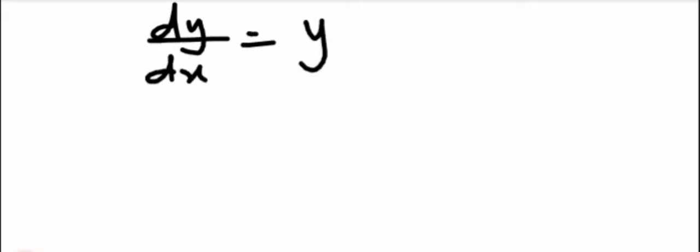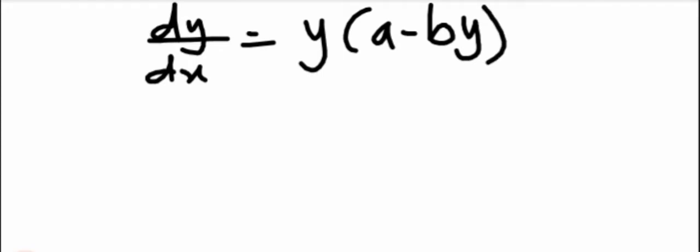Okay, so let's start. We have dy/dx is equal to y(a minus by). Now take a look at this equation. The first question you like to ask yourself is, is this autonomous? Yes, that was dramatic, but sincerely, that's the first question.